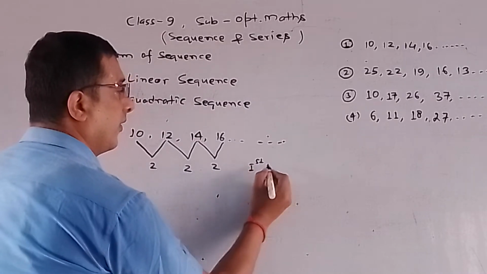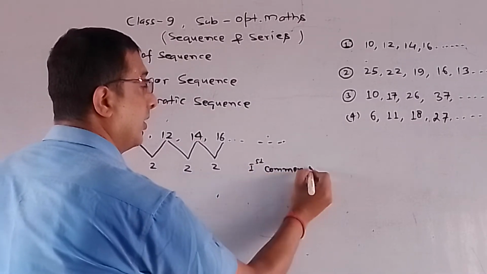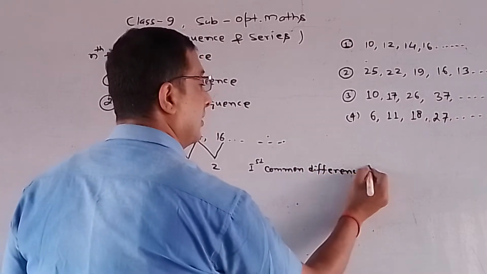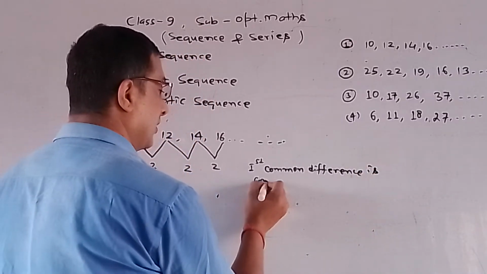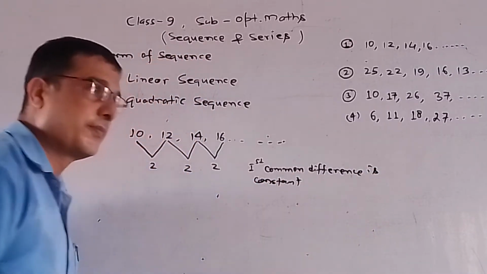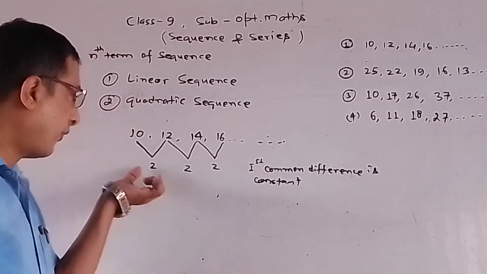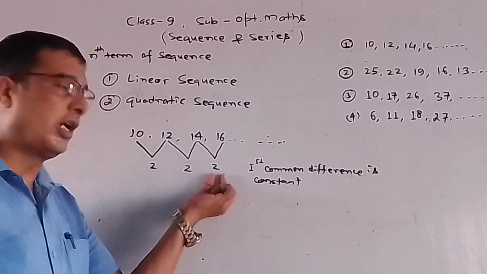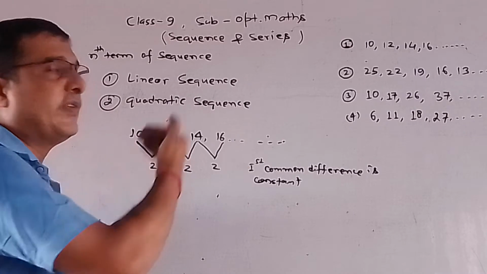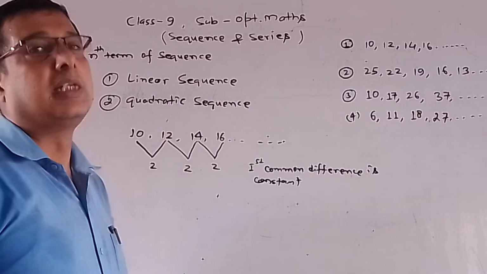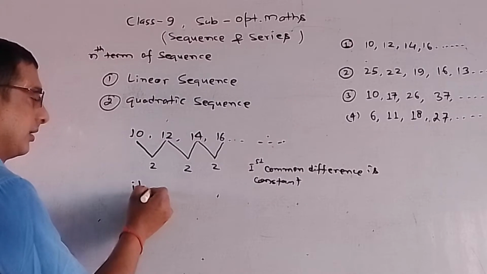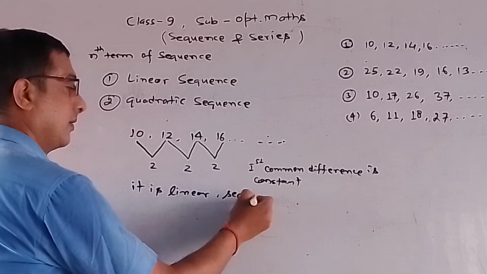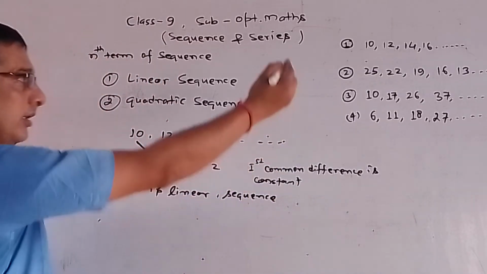So the first common difference is constant. If in any sequence the first common difference is constant, here it is 2, 2 and 2, it means the given sequence is a linear sequence.